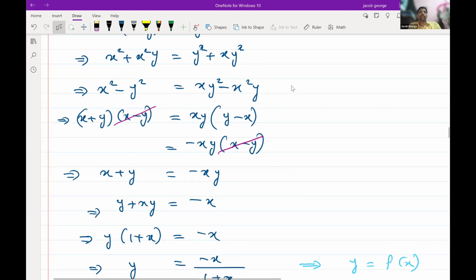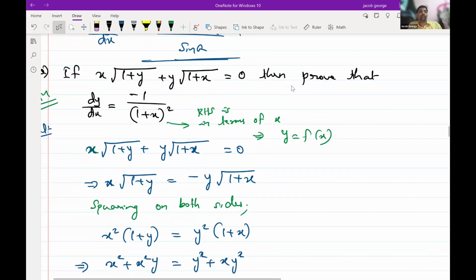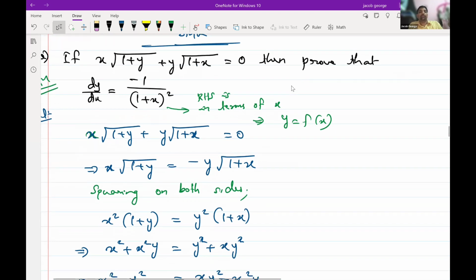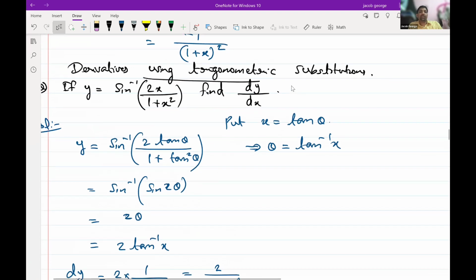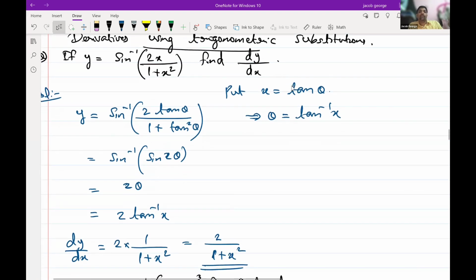Here we can see the right-hand side of the answer, and based on that, we decide whether to write x equal to f of y or y equal to f of x. Here the right-hand side is fully x. That is the reason we wrote y equal to f of x form. This type of question you have to practice again and again until you get a clear idea. Then trigonometry substitution, that is normally an easy topic.